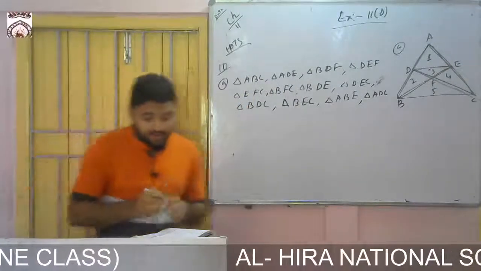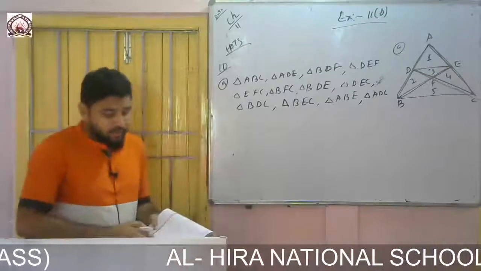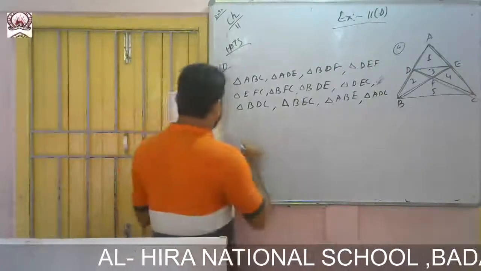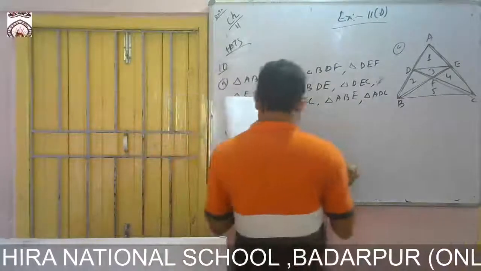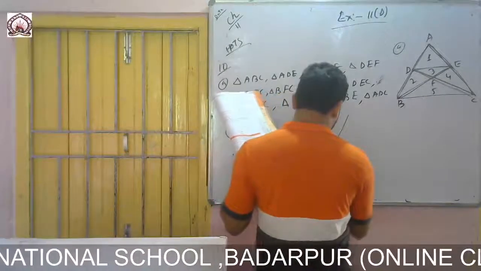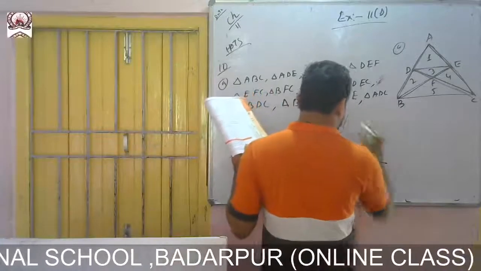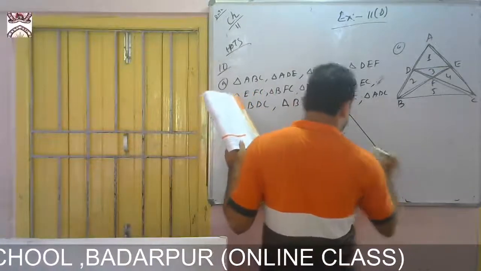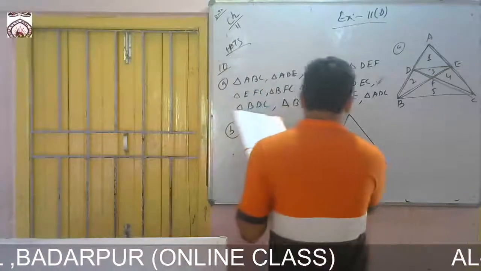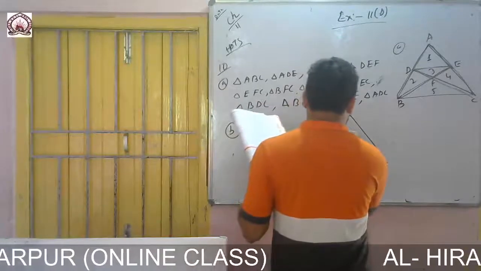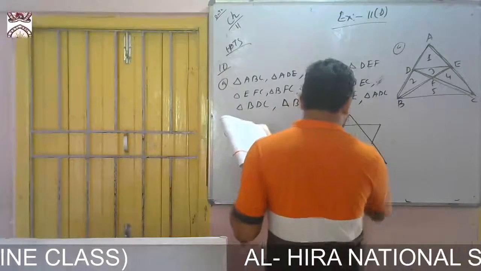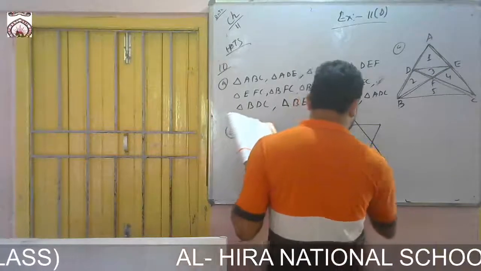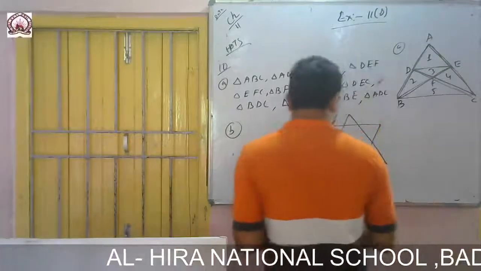Okay, in question number 2, another figure is there. I need to count how many triangles are there. Let me draw the figure. It will not become exact. You just see your book and draw the figure exactly. Mine will not be accurate, but somehow I shall draw.